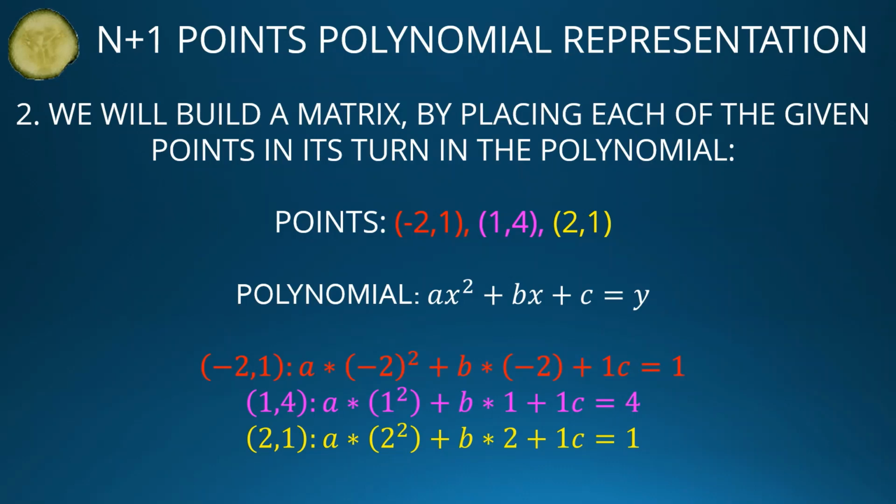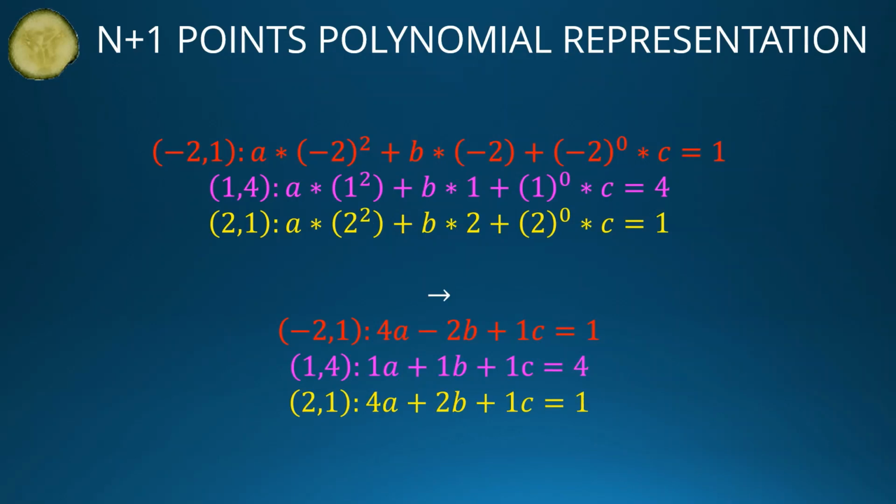Alrighty. So what we are doing here is we are using the x value on the general polynomial, and in that way we can construct our 3 equations. Which means (-2, 1) is being converted to 4a - 2b + 1c = 1.